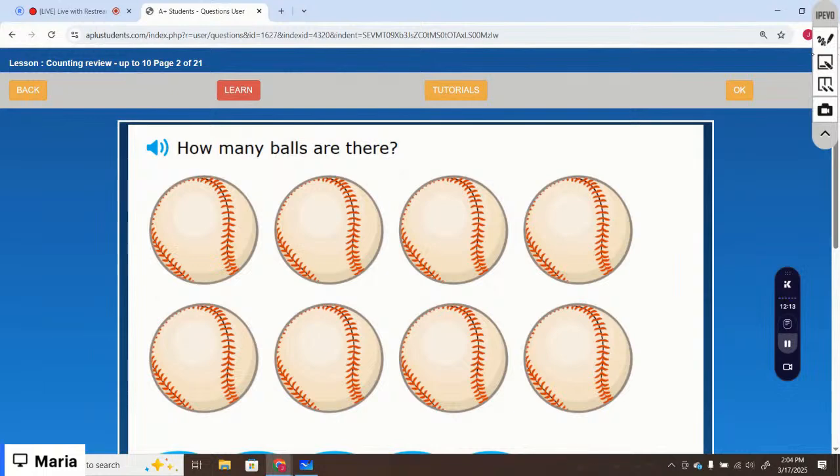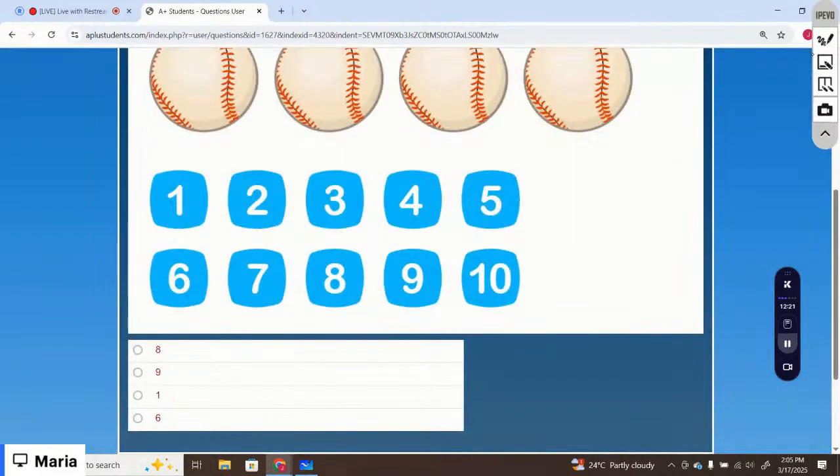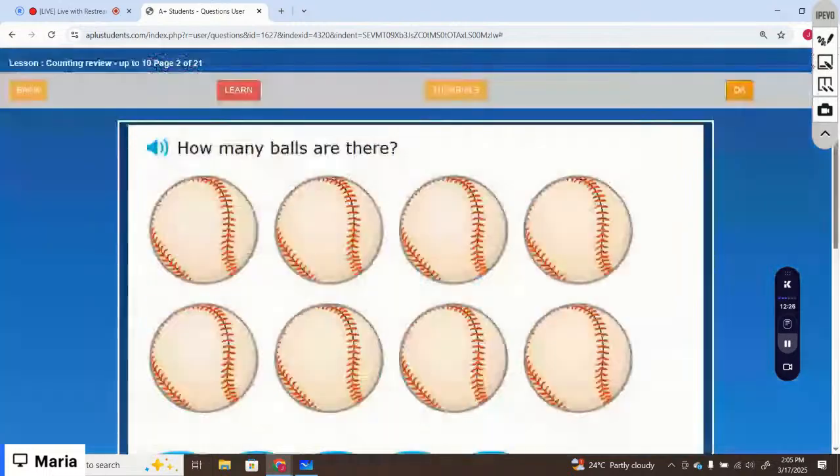Let's just count them together. 1, 2, 3, 4, 5, 6, 7, and 8. So the correct option is 8. Option number 1 is the correct option. There are 8 balls.